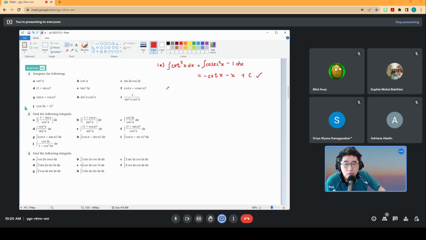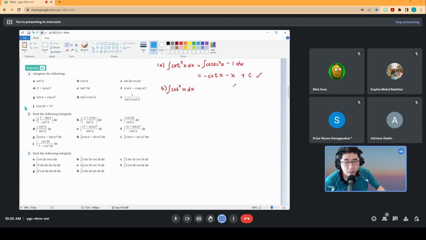Then what about b? Integrate cos square x dx. Over here, this is a cos square, power 2. I cannot use sine square because I don't have sine square in my section B. I also don't have cos square in my section B. So I will need to use a double angle formula.